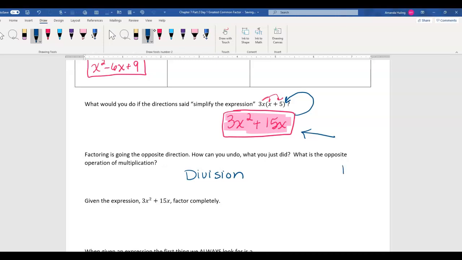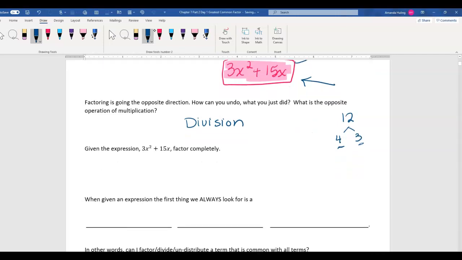Factors, we talked about the number 12, factors of 12 are 4 and 3. So if you wanted to factor 12, you could say, hey, 4 times 3 is 12. And these are the factors, 4 and 3. So if I gave you this expression and I said factor completely, your brain needs to go, okay, I want to try and take something out or undo it. So you need to look and see what they have in common. And I know when I see 3 and 15 that they can both be divided by 3.